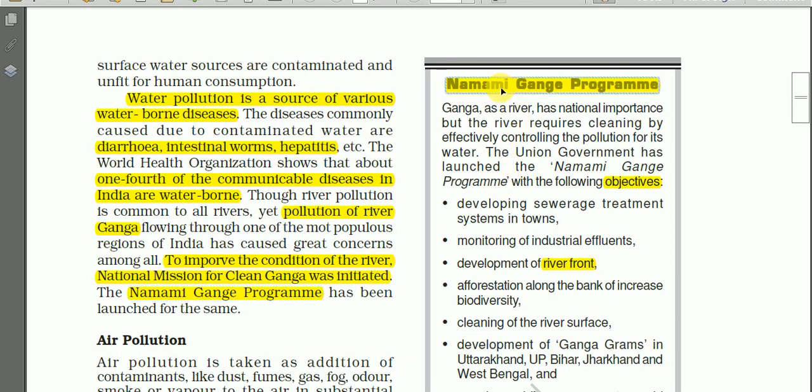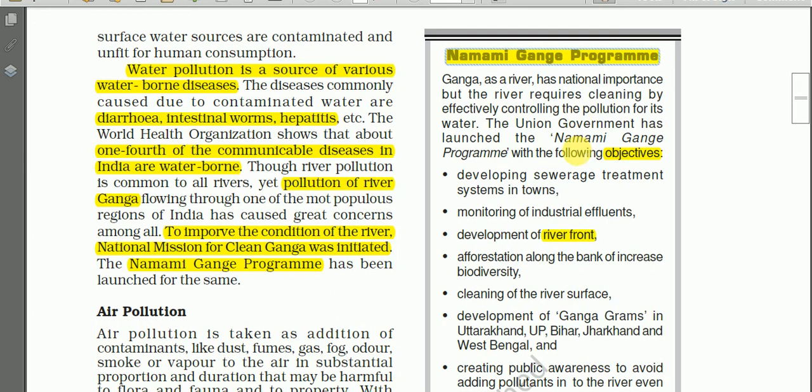So let us read. Namami Gange program. Ganga as a river has national importance, but the river requires cleaning by effectively controlling the pollution of its water.